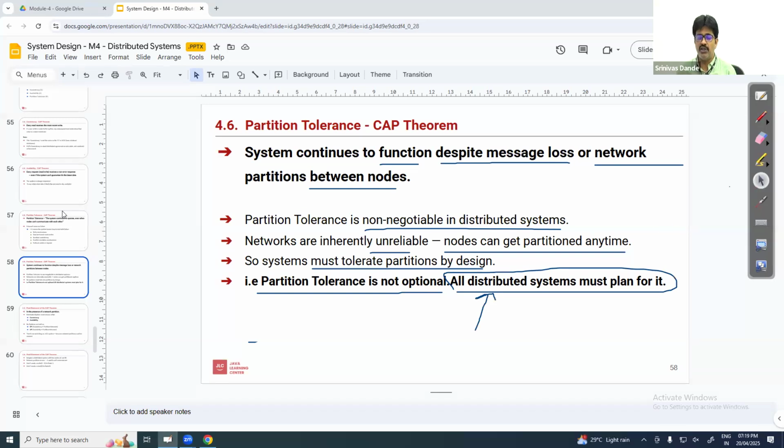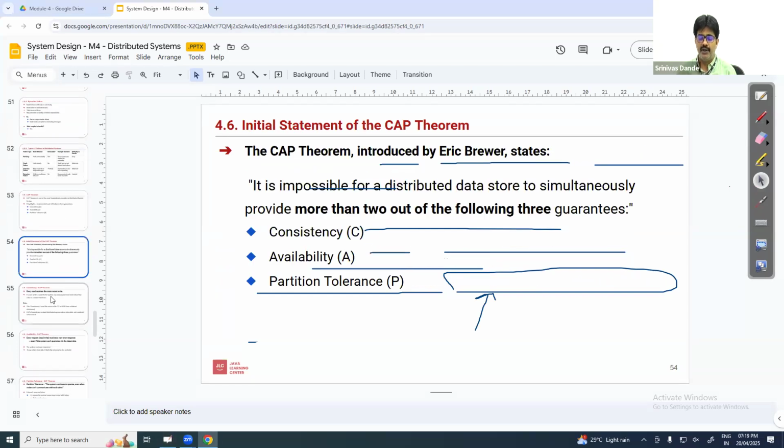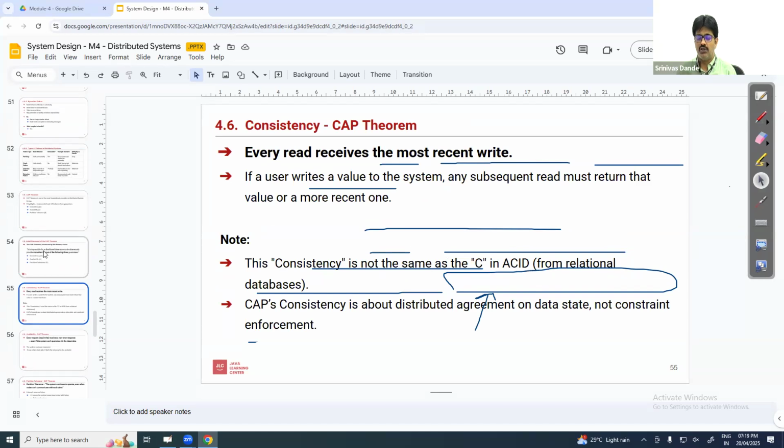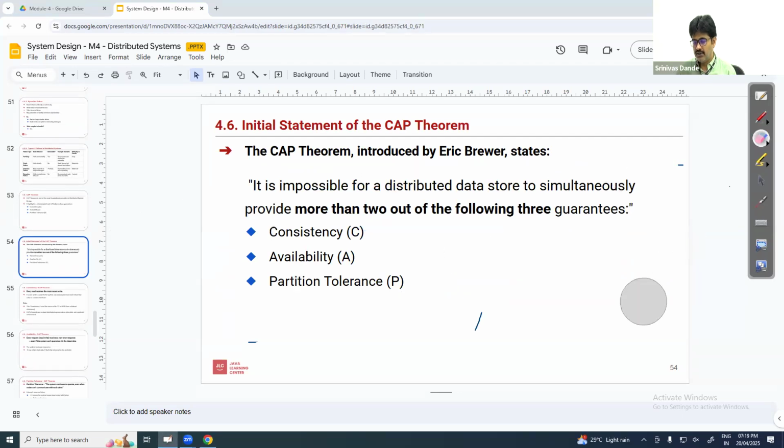Now if you go back to the previous slides, I told you here that there are 3 guarantees. According to the CAP theorem, you will get only 2 guarantees. Now, by understanding partition tolerance, can I say that every distributed system must have the P?